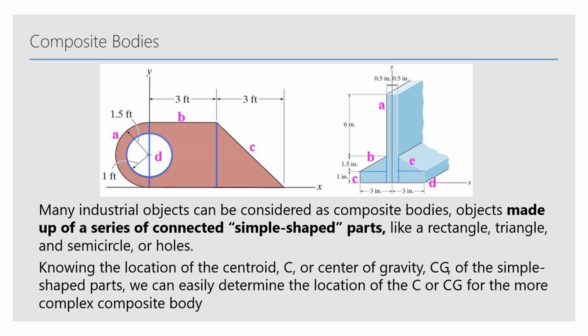As we see in the images above, we're going to be sectioning off different areas into A, B, C, or 1, 2, 3, depending on how many different areas we have. Basically, we're going to break up the objects into smaller pieces. That makes it easier for us to solve for whatever centroid we're looking for.